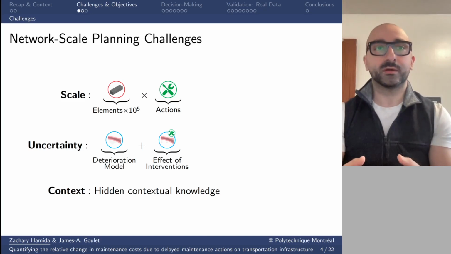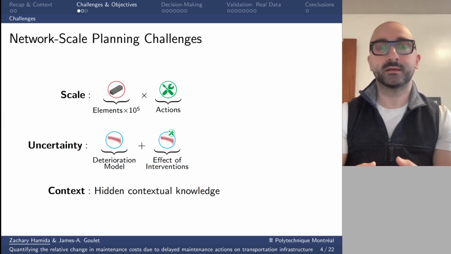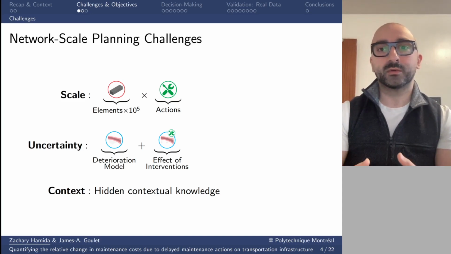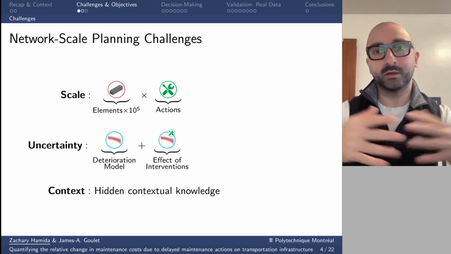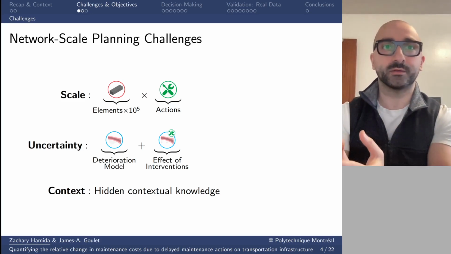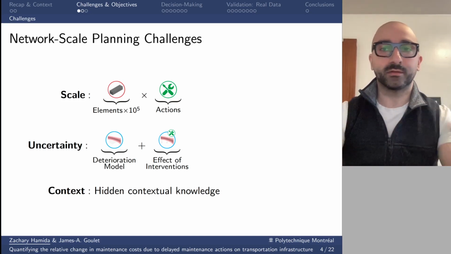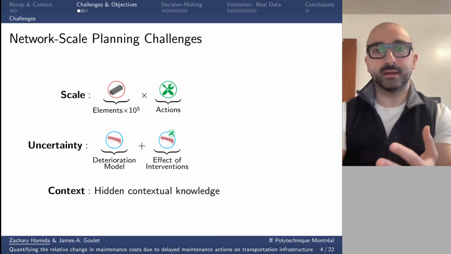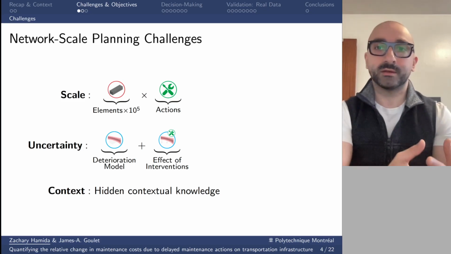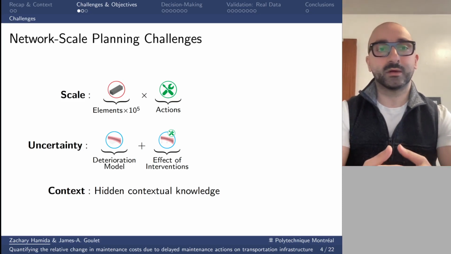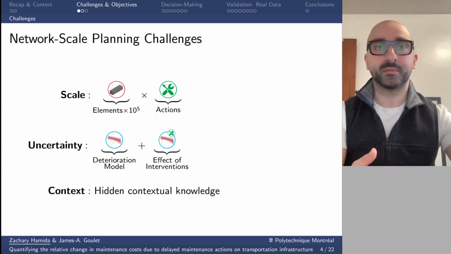Now, the last part with the challenges is that there's also the hidden contextual knowledge. So, for example, we have our network planning framework that gave us a certain policy, and the role of the decision maker is to validate this policy and pivot in case there are obstacles or events that prevent the application of that optimal policy.